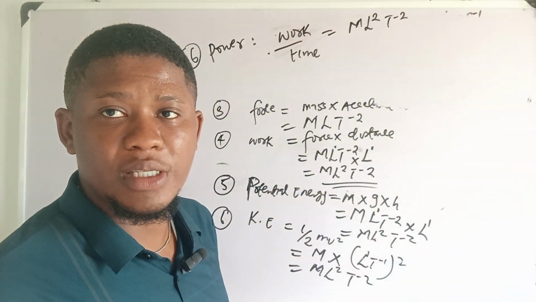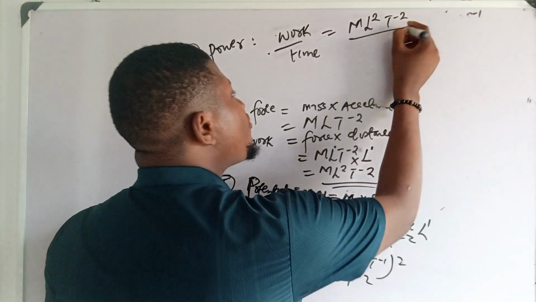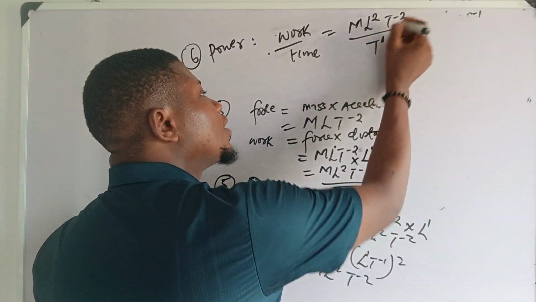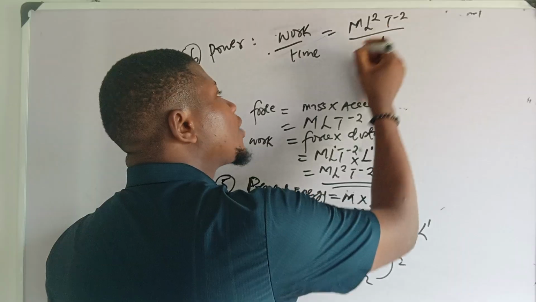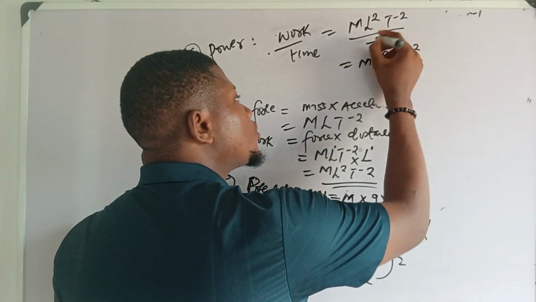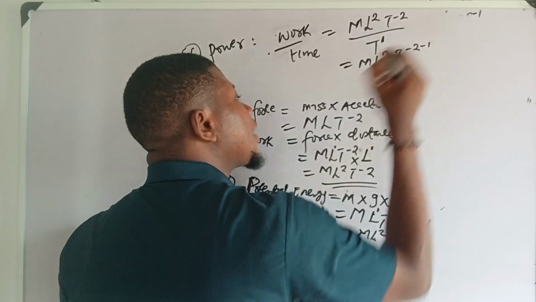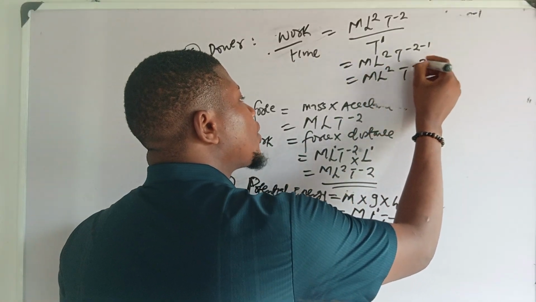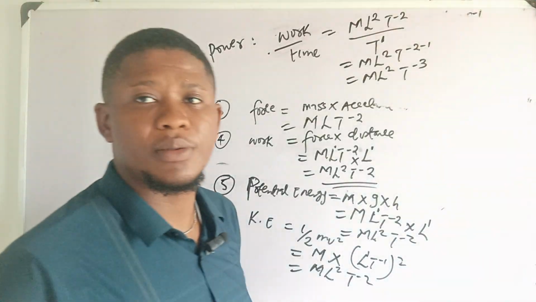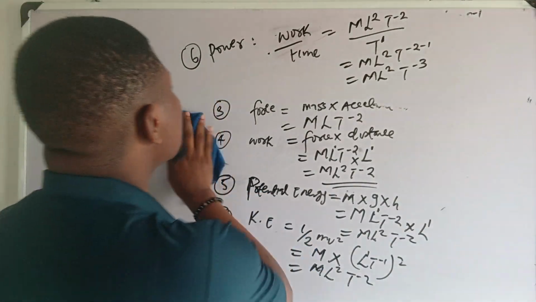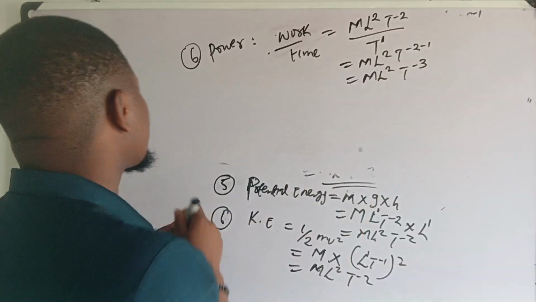ML squared T minus 2 over T. This is raised to power 1. If this one goes up, it will be minus. So minus 2 minus 1 will be what? ML squared T minus 3. So this is the dimension of what?